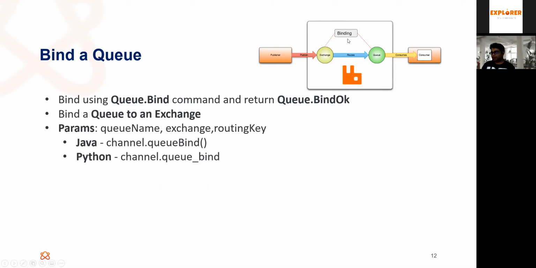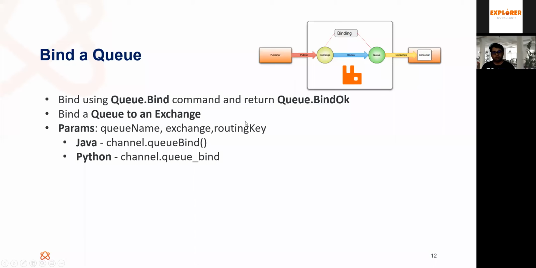To bind, we issue the queue.bind command with the queue name and exchange. So with this command we are asking to bind a queue to an exchange with the routing key.